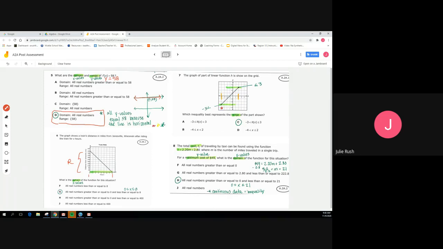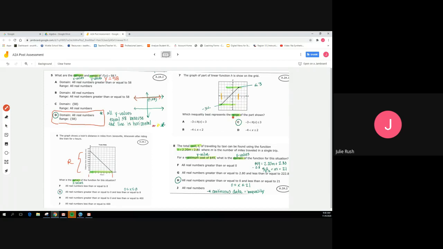You'll notice on the left-hand side, I have an open dot on the coordinate, which means that this is going to be greater than but not equal to. And then on this end, we have a closed dot, which means it does include these values. So it is less than or equal to, depending on which way you're looking.